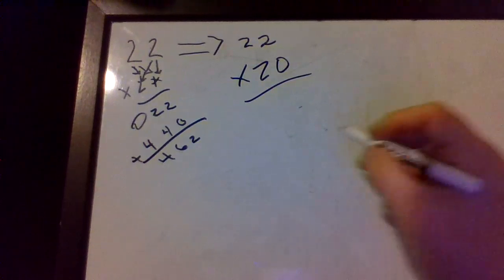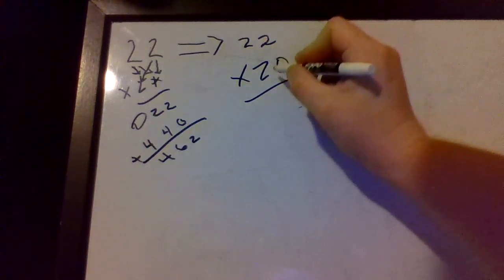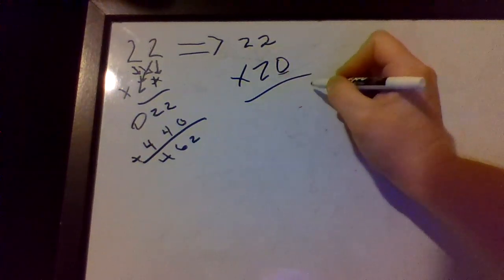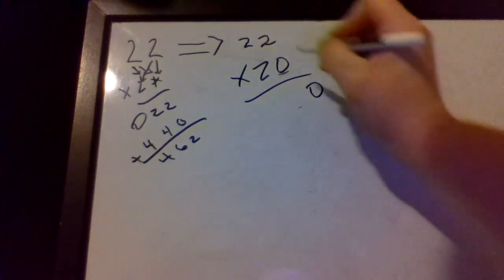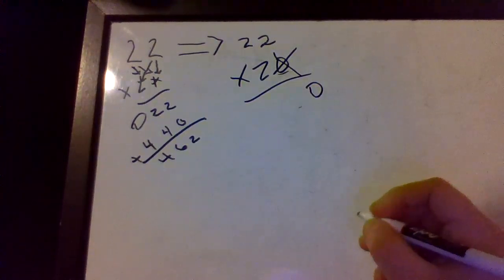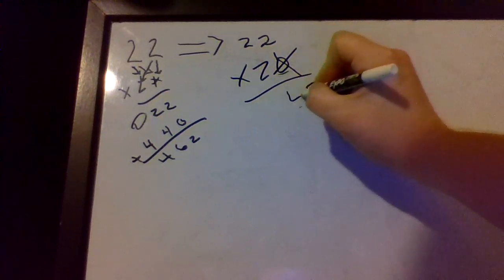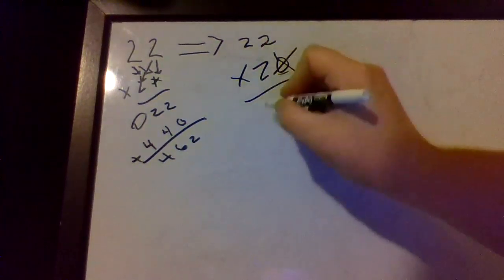So when you multiply by anything that has a 0 right here at the end, what I would do is bring down the 0, and then you're done with that. You don't need to worry about the 0 anymore. So now 2 times 2 is 4, and 2 times 2 is 4.